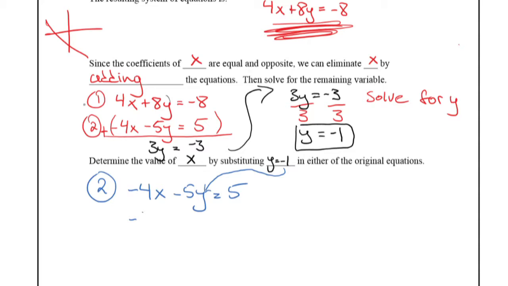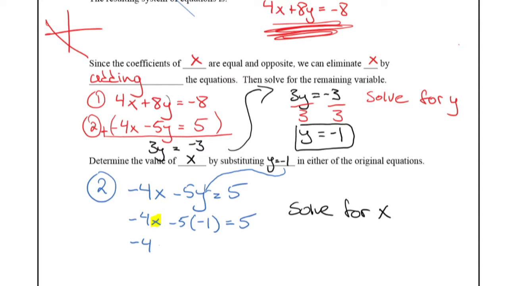So I'm going to get negative 4x minus 5 times negative 1 is 5. Now you'll notice that the only variable I have left here is x. So we're going to solve for x to figure out what the x value is.